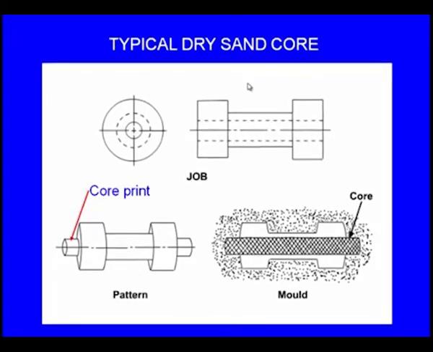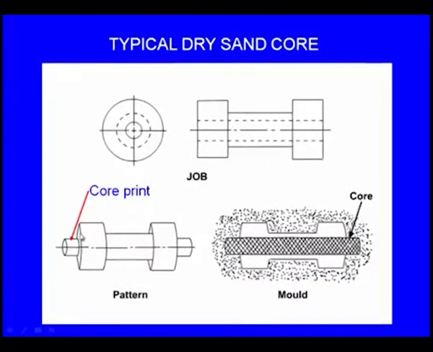Let us see, this is the pattern used. Somehow the geometry seems to be different from the geometry of the casting. Because here we can see these projections, one projection here and another projection here. If we remove these two projections, the geometry of the pattern is exactly similar to the geometry of the casting that we want.